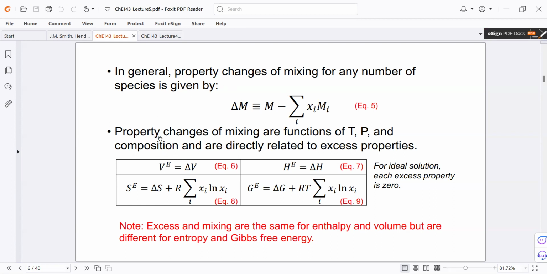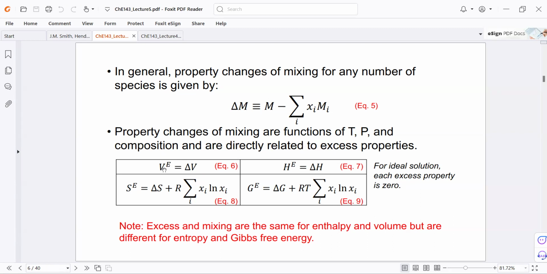And also, the property changes of mixing are functions of temperature, pressure, and composition, and are directly related to the excess properties. Right? For ideal solution, each excess property is zero. So, as I mentioned in the last lecture, for an ideal solution, excess property has no meaning.